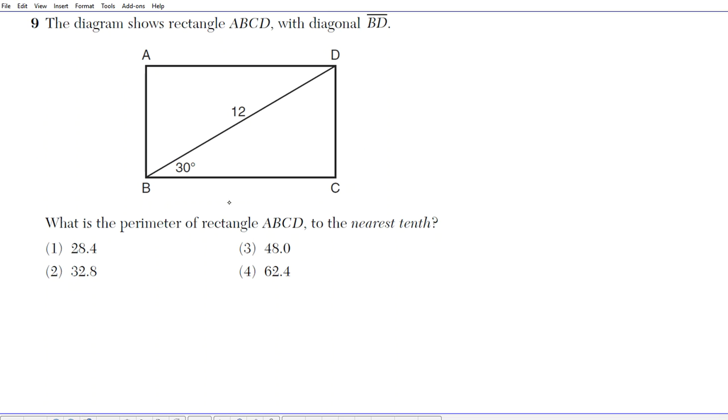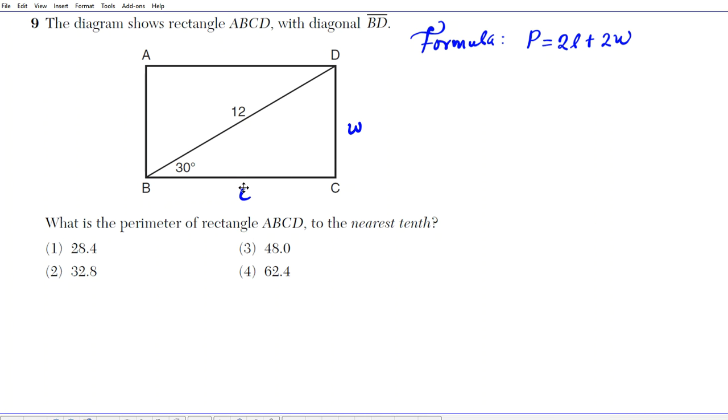First of all, we want to find the perimeter. So we are going to be using the formula like we used before. P is equal to 2 length plus 2 width. Okay, so we need to find the length and the width here.